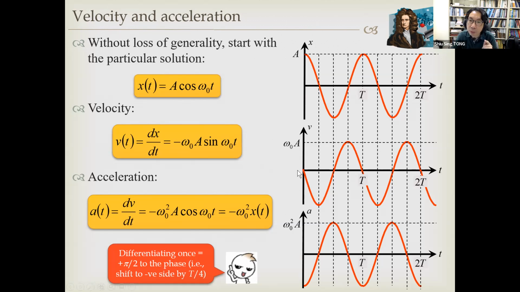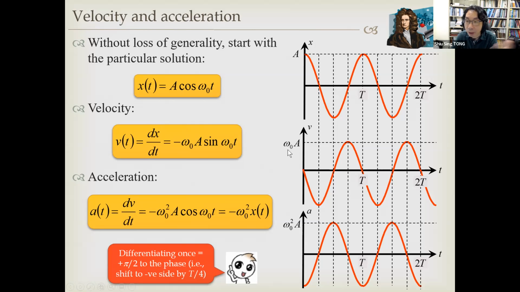Now, the second thing to note is the amplitude for the velocity and the amplitude for the acceleration. It's very easy to remember. Why? For the displacement, the amplitude is A, right? A is the length. When you multiply A, the length, with a frequency, you get the dimension of a velocity, right? Because omega has a dimension of per second.